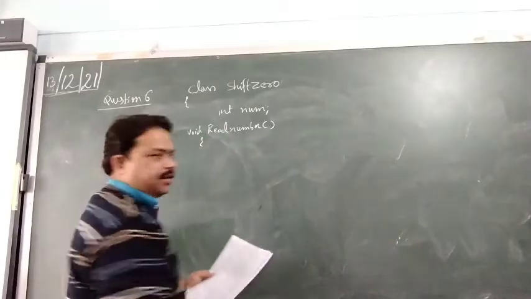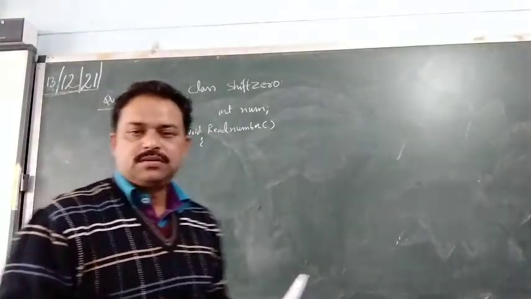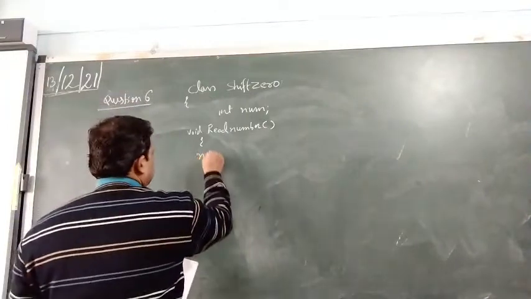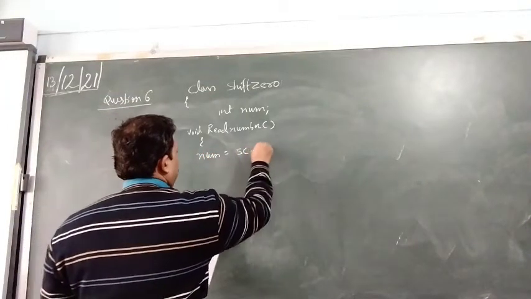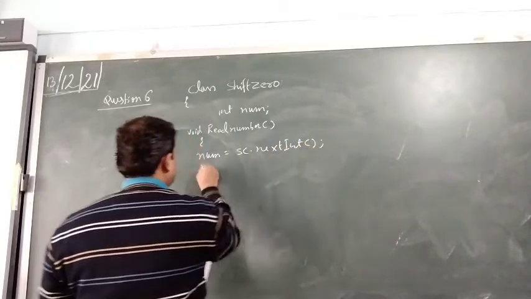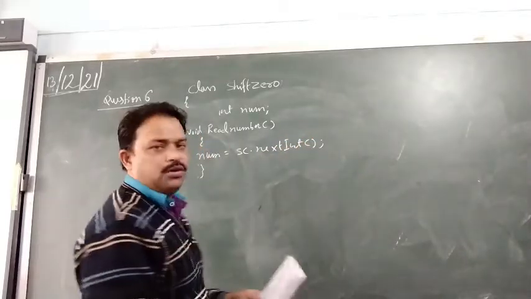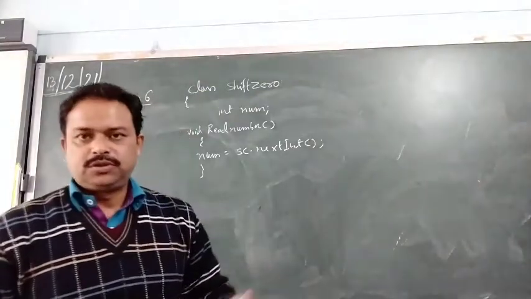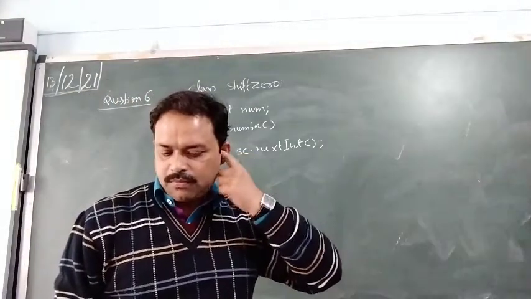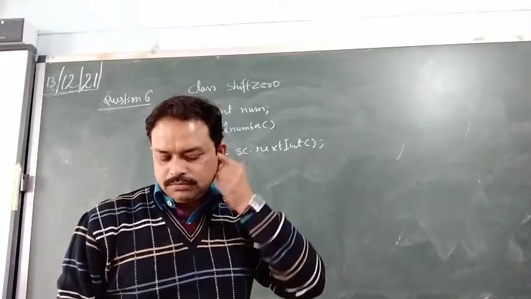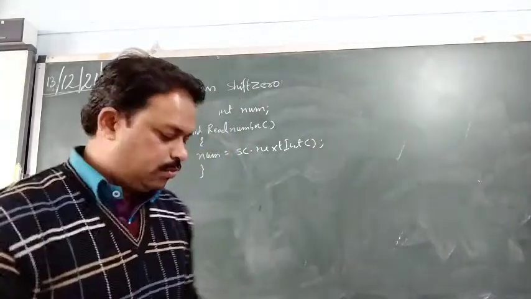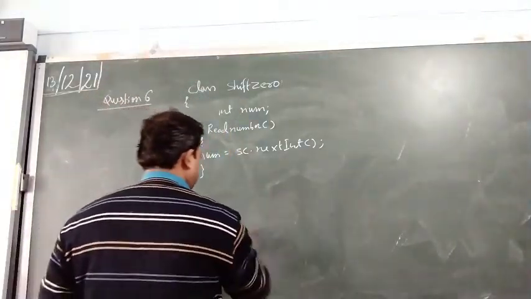So directly I am writing Scanner and all those things, you define them on your own. num = sc.nextInt(). So you have made one function just to take input. Next, the function checkDuck we have to make.